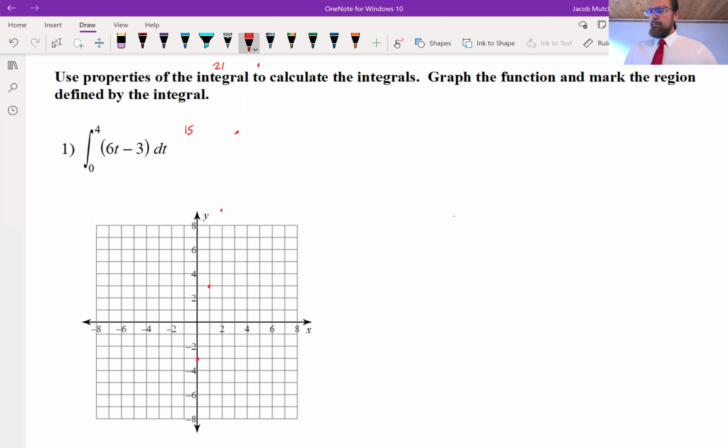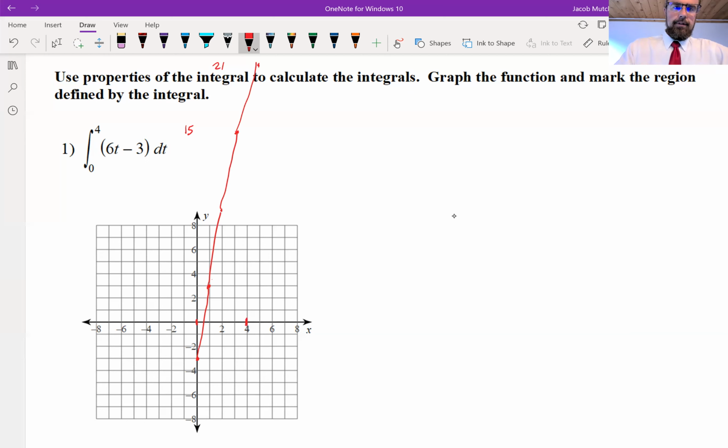So definitely my graph is leaving the screen there. But all we need the graph for in this case is an estimate. So I'm just going to draw this linear function again from 0 to 4. Very steep line. Again, its slope is 6.